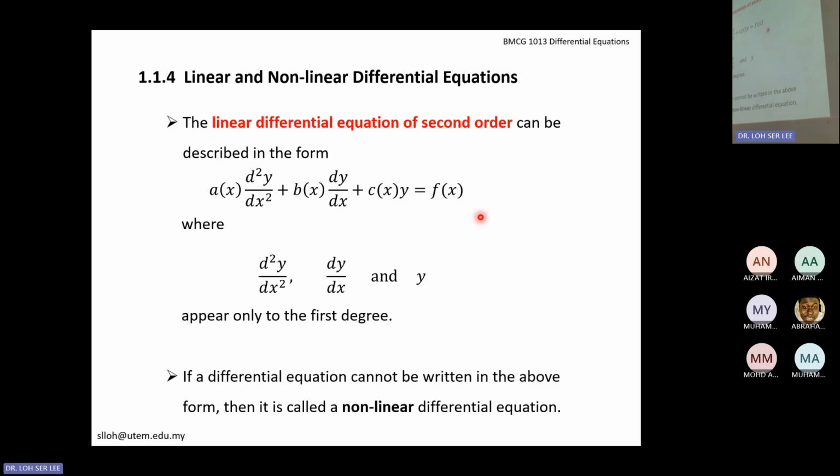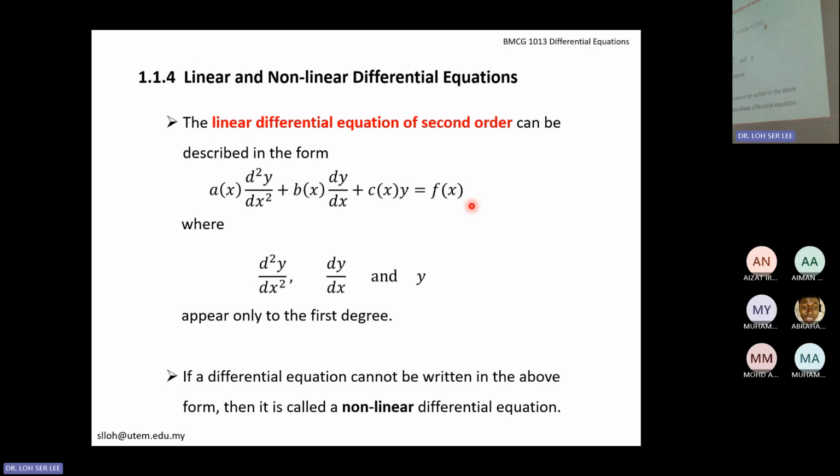So there are two criteria. I repeat, two criteria for a differential equation to be categorized as linear. The first one is that all these derivatives and also the dependent variable must be degree 1, or power of 1. The second criterion is that the coefficient functions of the derivatives and the dependent variable, as well as the right-hand side function, must be in the independent variable.